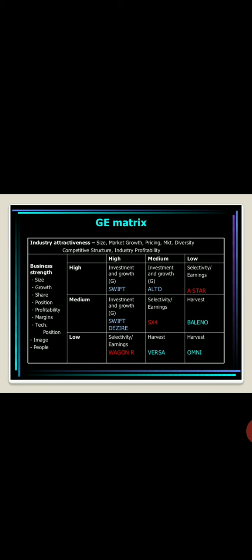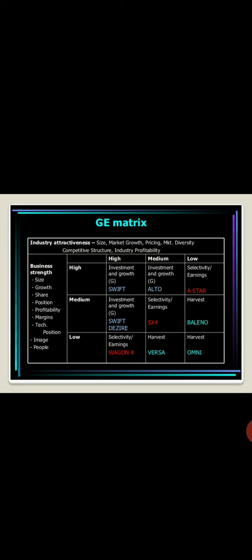And when we get into the second zone, the yellow zone, if we talk about A-Star, this product has low industry attractiveness as well as high business strength. Hence, it is in the yellow zone because the business unit strength is high but the industry attractiveness is low.